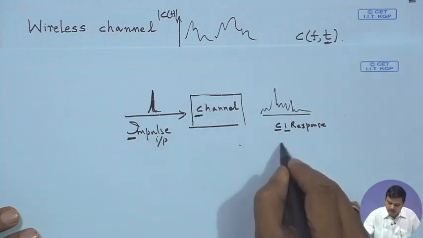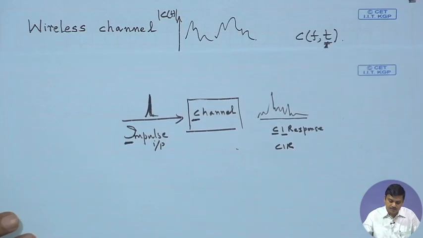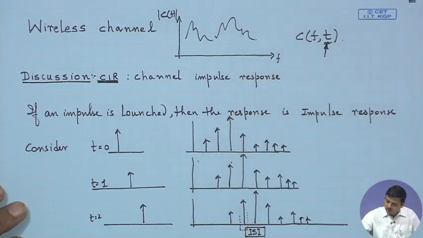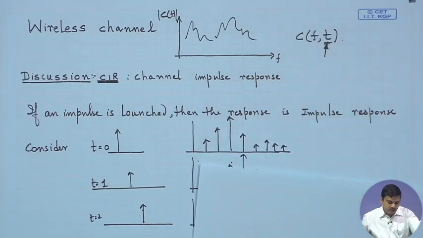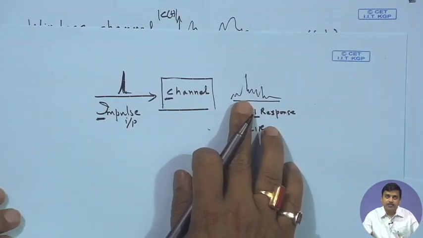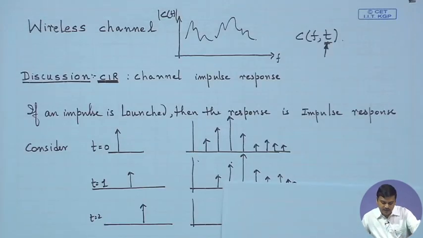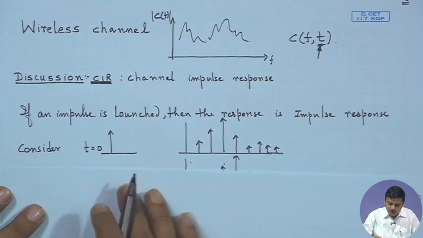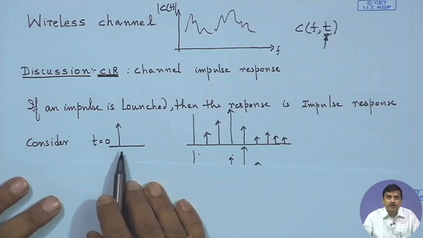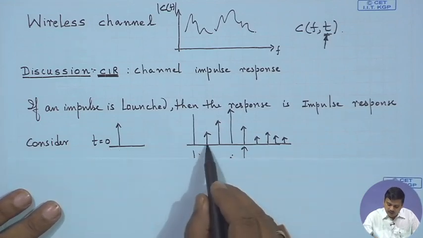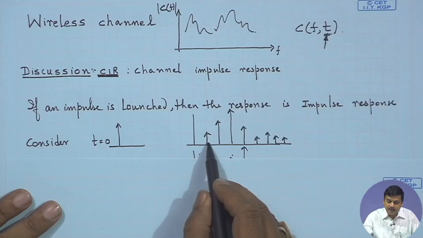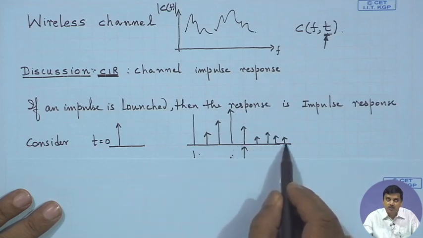So, channel impulse response, which is known as the CIR. If the channel impulse response is something of this shape, and we sample it in discrete time, because we are looking at discrete time processing, then if we launch an impulse at time t equals 0, one would get an impulse at a certain time followed by echoes of the signal.